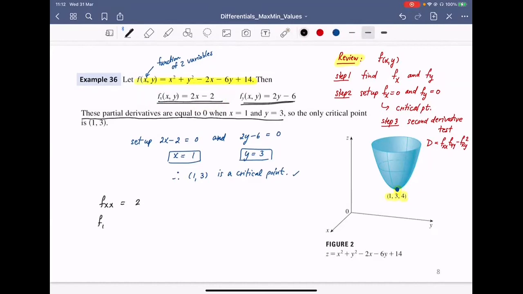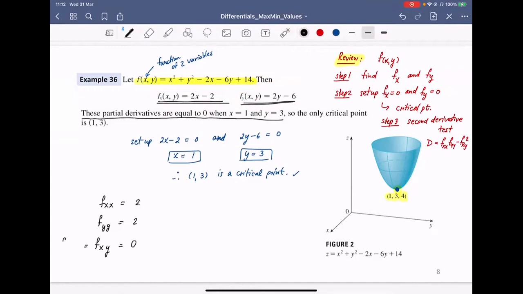Then I have fyy, and I differentiate one more time, so I get 2. Then fxy, you carry that, and differentiate with respect to y a second time, which is 0, because there's no y left.